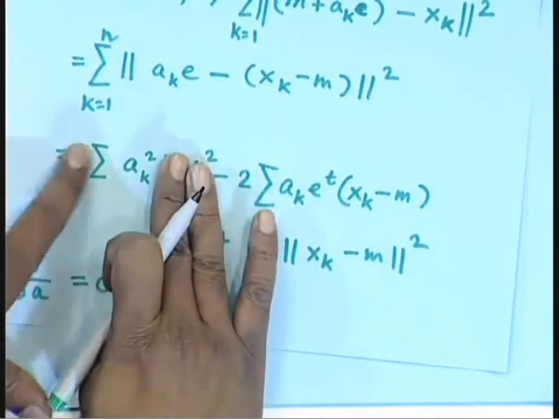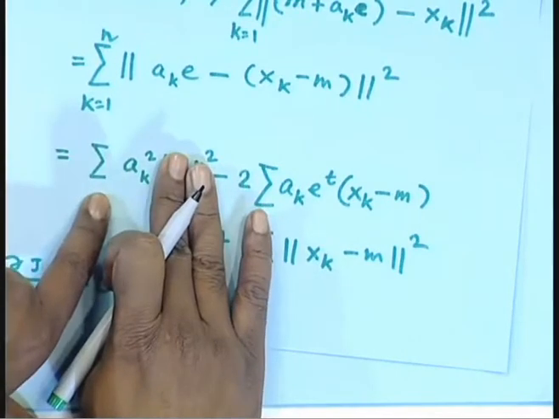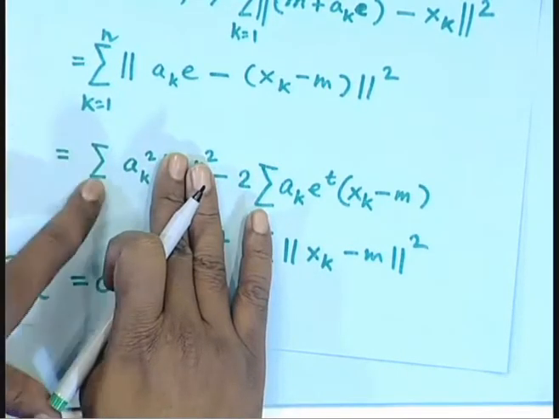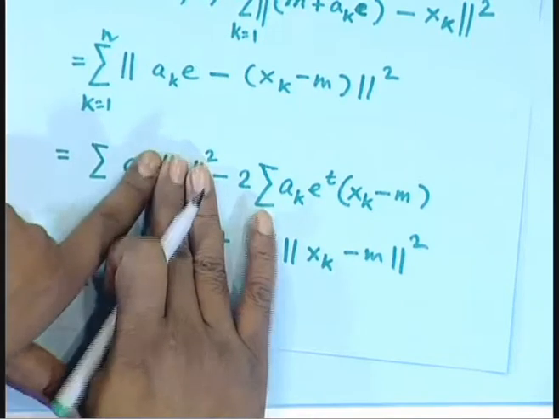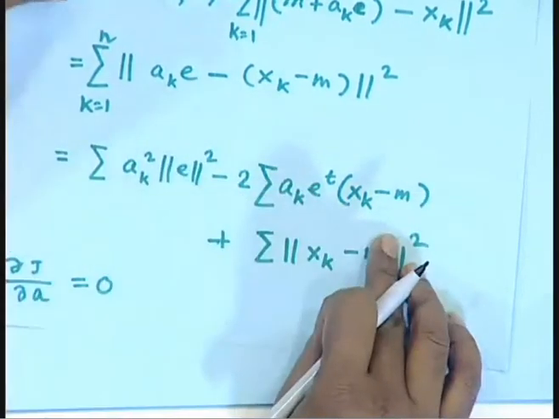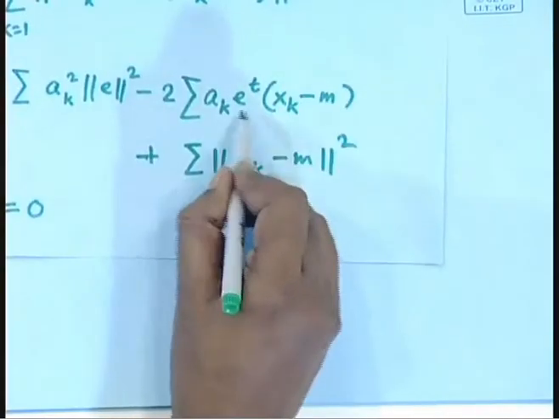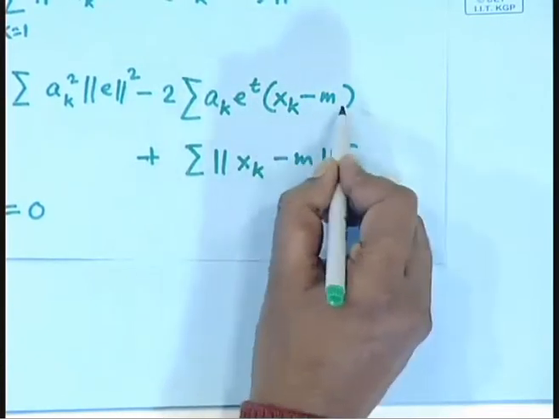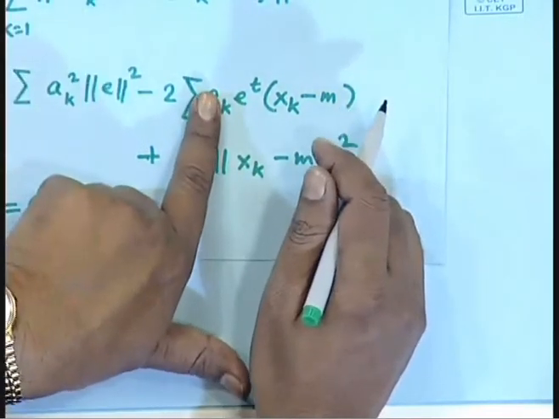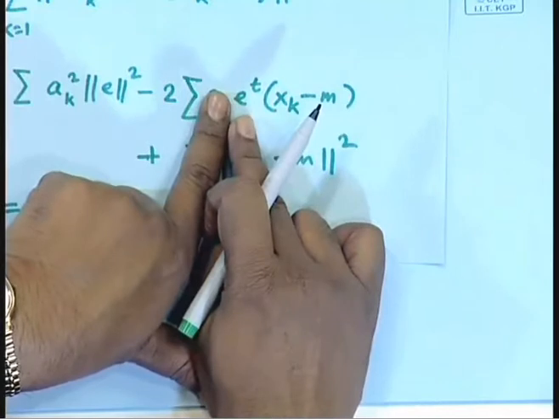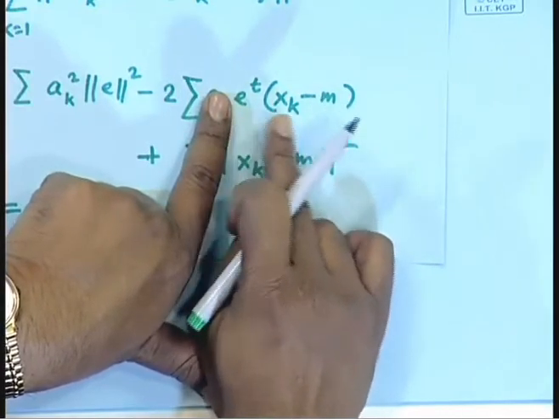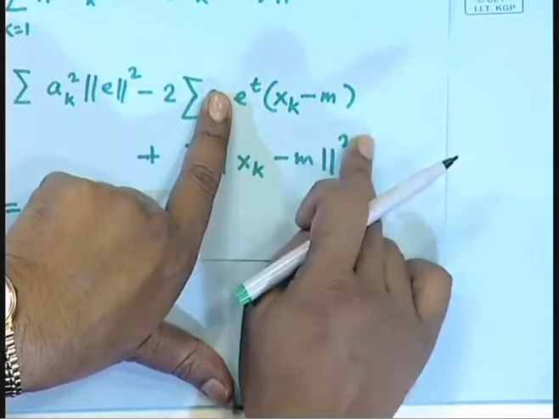So, effectively what I have is summation of a k square. Take the differentiation, that becomes 2 times a k. Okay. Take the differentiation of this, because it is a k into E transpose x k minus m, if I differentiate with respect to a, I am left with simply E transpose x k minus m.